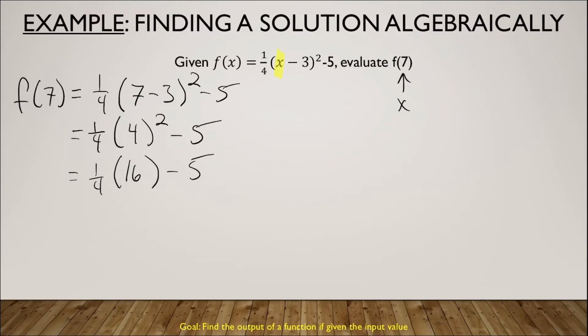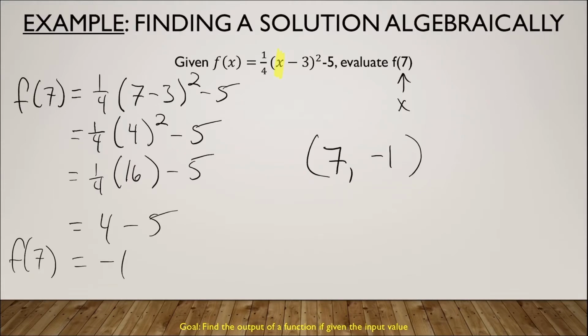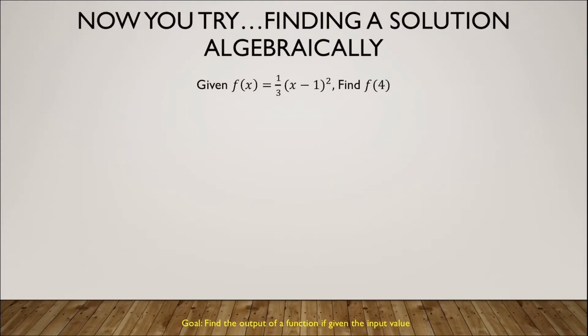Then my multiplication, 1/4 of 16. That's the same as saying 16 divided by 4. So we get 4 there, minus 5 equals negative 1. So we know that f at 7 equals negative 1. If I write that as a coordinate pair, I'd say 7, negative 1. When x is 7, y will be negative 1 for this function.